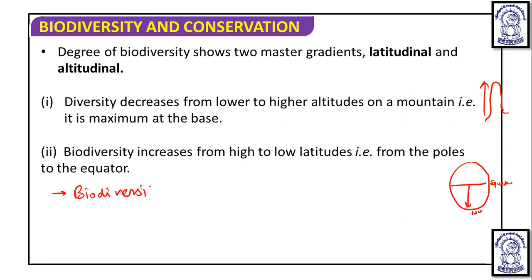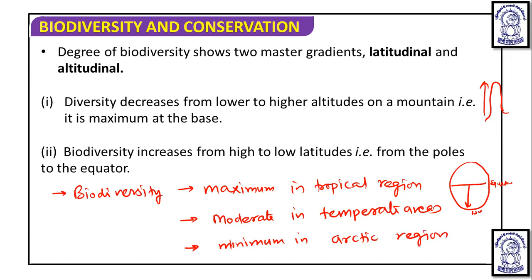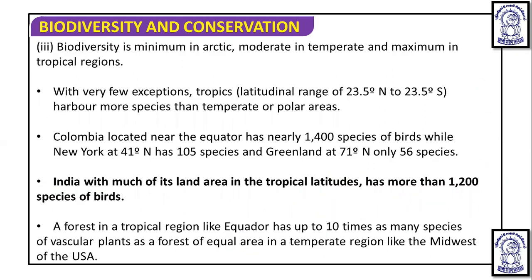We can write: biodiversity is maximum in tropical regions, moderate in temperate areas, and minimum in Arctic regions.